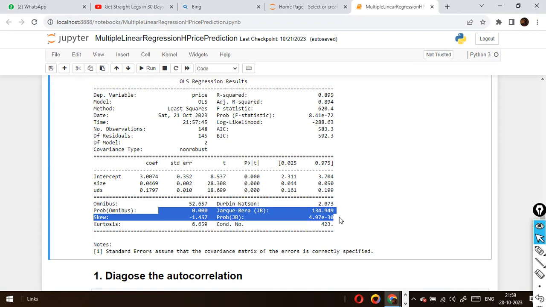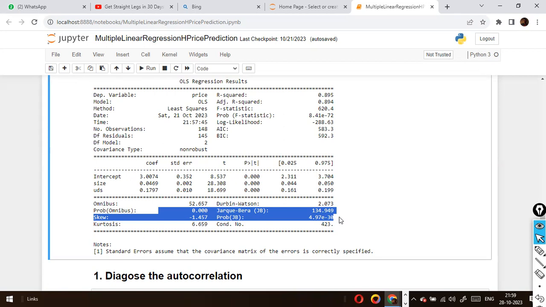Log likelihood, as I told you, is also another measure. It tells us how well the model fits the data based on the likelihood function. That likelihood function I'll explain as part of logistic regression. Don't worry. The F statistic, I told you, is helpful to test the overall significance of your model.